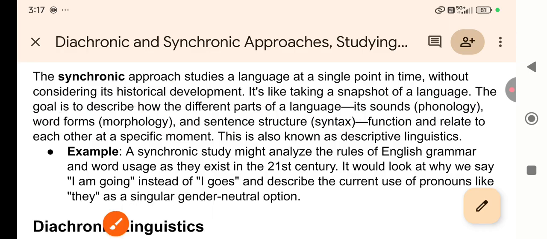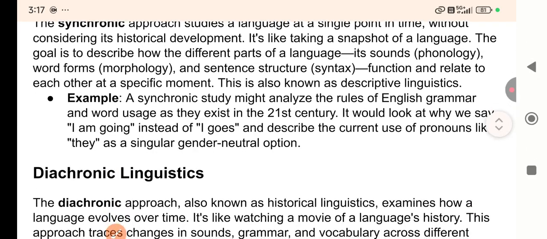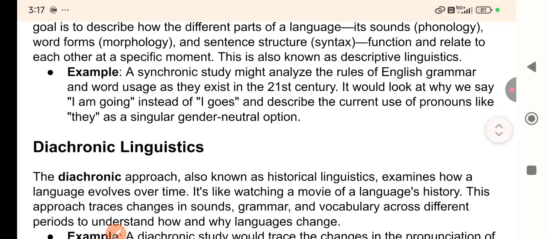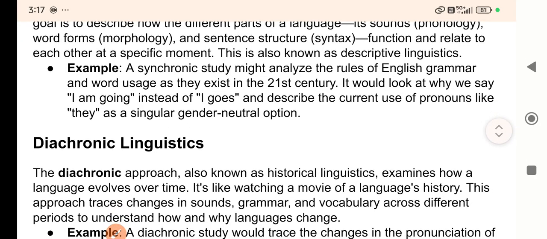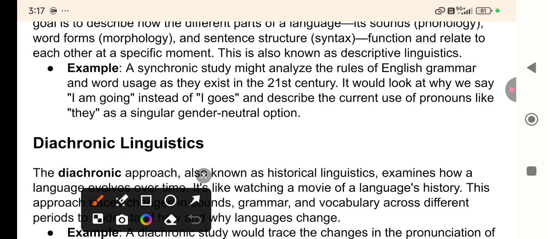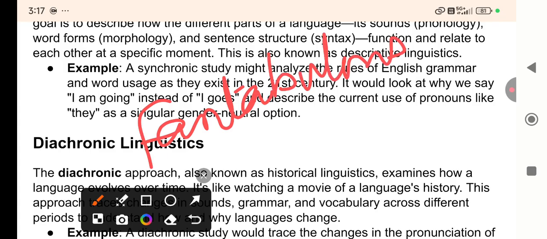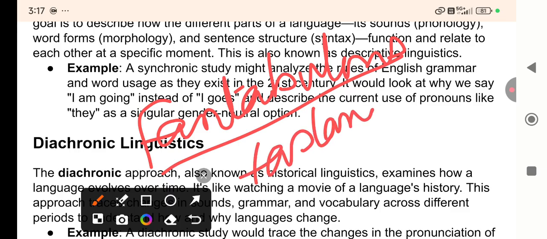When we discuss what the sound of a particular word is at present, and what new words have been invented or are used right now, for example, fantabulous. Fantabulous is a blend of fantastic and fabulous.